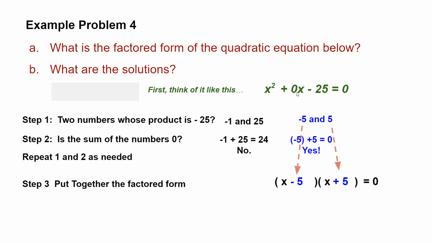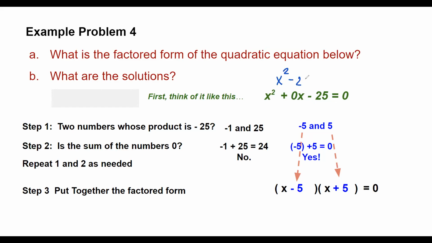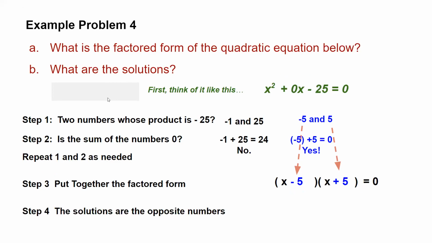So that will cancel out that middle term, and that's why this originally looked like x squared minus 25 equals 0, because when we take the product of these two, the x part will cancel out and leave us with just a smaller equation. So this is kind of a special case of this kind of problem. Wanted to make sure you saw that.